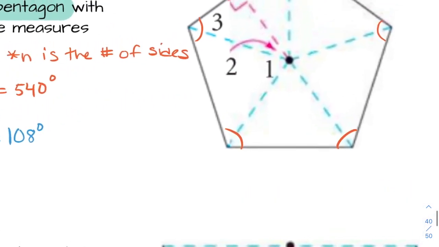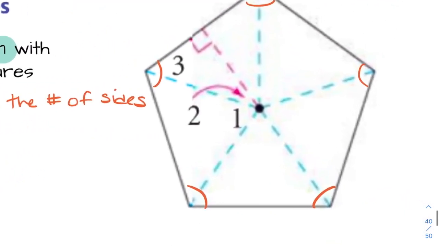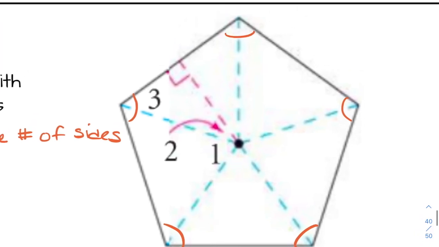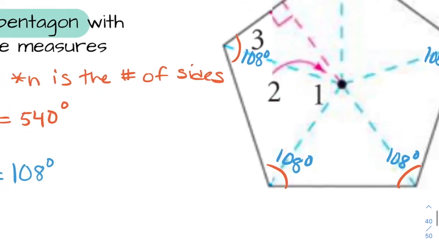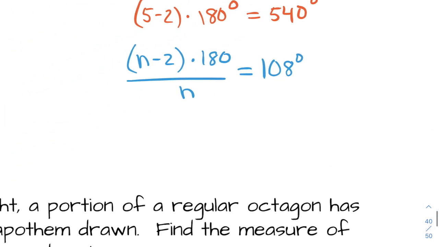So 540 is the total amount that each of these add up to collectively. But that means that each one of these is actually 108 degrees. Together, all of them add up to 540, but each one separately is 108. Okay? And now, the way to find central angles is to just divide by the number of sides.